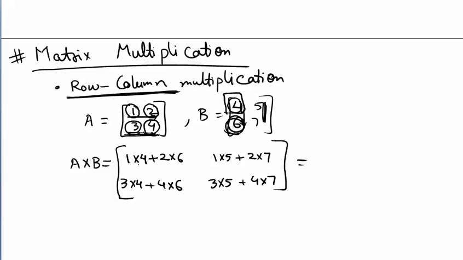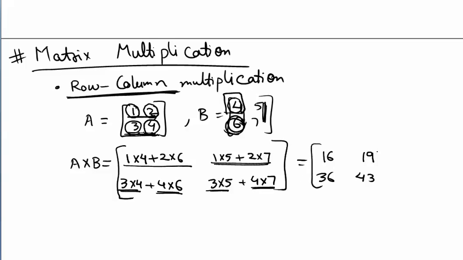Further, if you solve this, this becomes 4 plus 12, that is 16. This will become 5 plus 14, that is 19. It will become 12 plus 24, that is 36. And this is 15 plus 28, which will be 43.